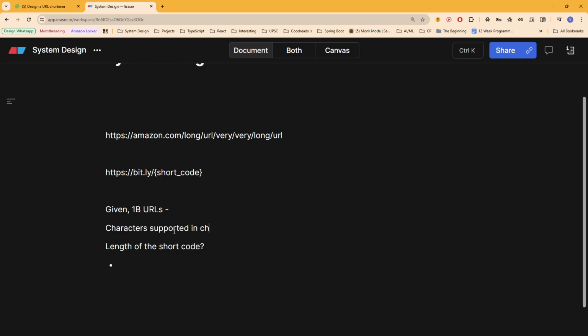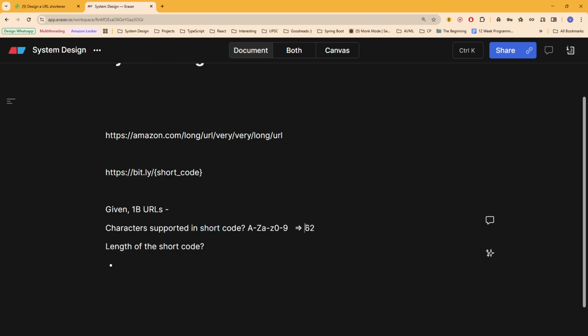We can support all the uppercase alphabets, the lowercase alphabets, and 0 to 9. So how many characters? 26 plus 26, 52 plus 10, 62. So we have to support these 62 characters in the shortcode.